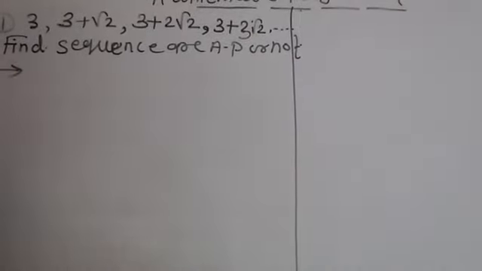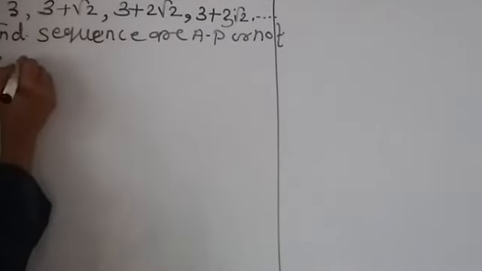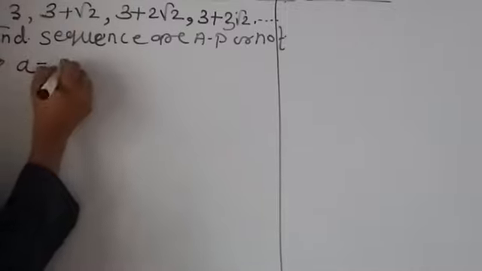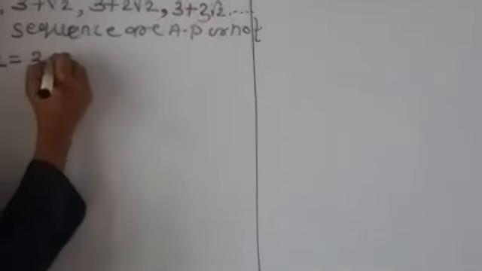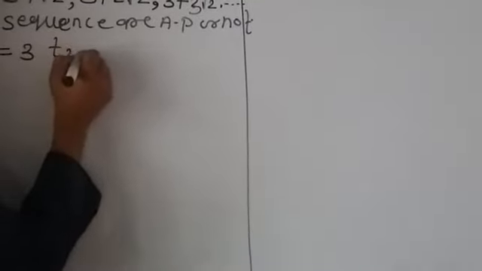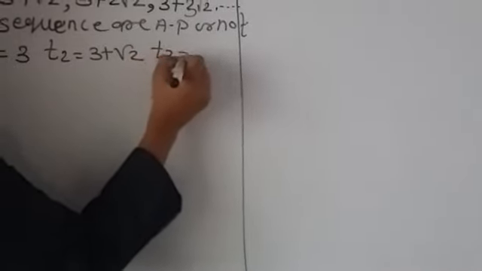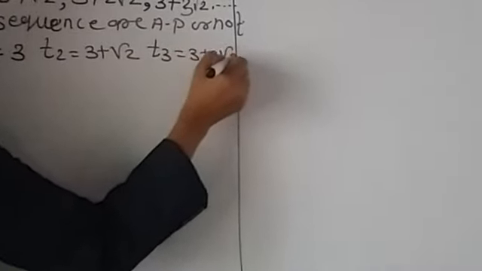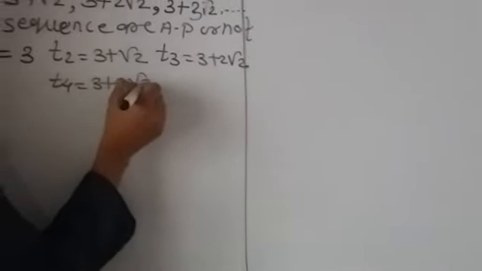So how to find out this? First, write down the first term. First term is a, means 3. This is the first term, means T1. Then T2 term is 3 plus root 2. Then T3 term is 3 plus 2 root 2. And T4 term is 3 plus 3 root 2.